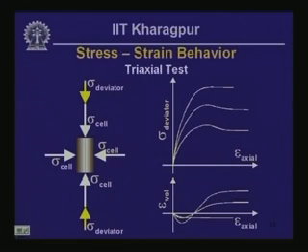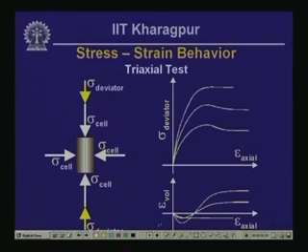But before I do that, what I want you to notice here is that as the cell pressure increases, you are going to need a larger value of deviator stress in order to fail the sample, and also you notice that by increasing cell pressure, we are triggering more of a contractive volumetric behavior of the soil and rock specimen. So these are typical responses of soil and rock samples.